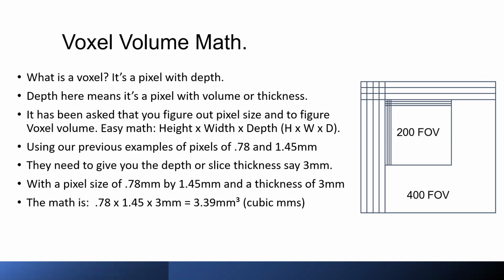So, for example, we've got a field of view, and you're going to divide it by your matrix, and you get a pixel of, let's say, 0.78 by 1.45. And your slice thickness is 3 millimeters. So now you're going to multiply 0.78 by 1.45 by 3, and that's going to give you 3.39 cubic, guys, watch this, cubic millimeters. That's your voxel volume. They love to ask that stuff.